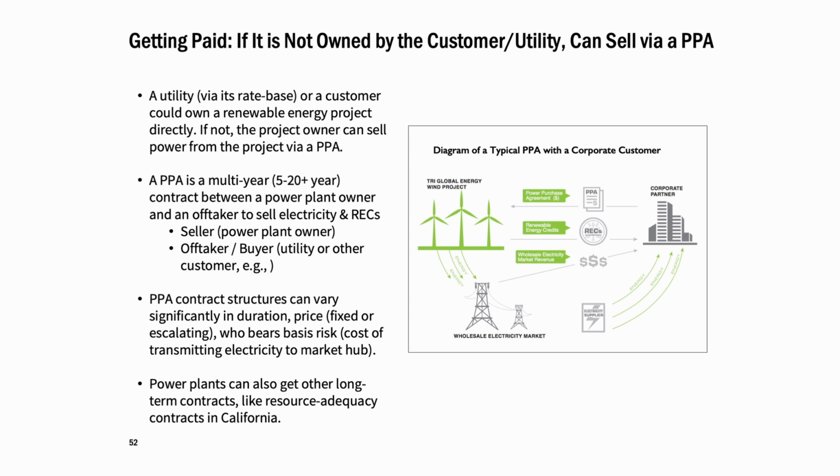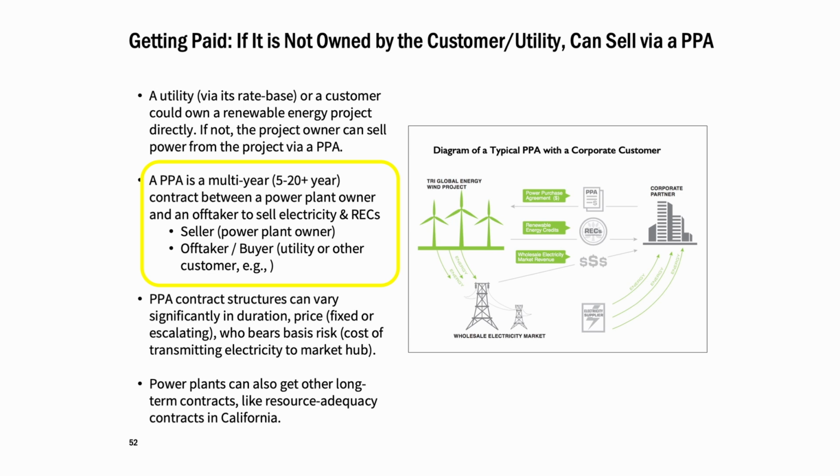If an electric utility is a customer for a project, they might buy the project outright from the developer and own it and rate base it. But if not, the project developer or other independent power producer could sell the power via a long-term contract with the utility known as a power purchase agreement, which is a multi-year agreement between a power plant owner and the customer or the off-taker, in which the price of electricity is agreed upon in advance.